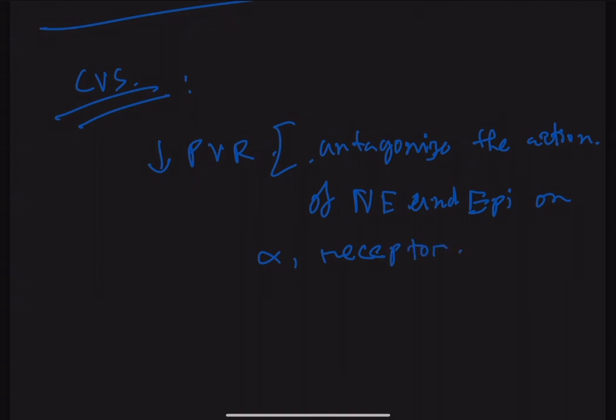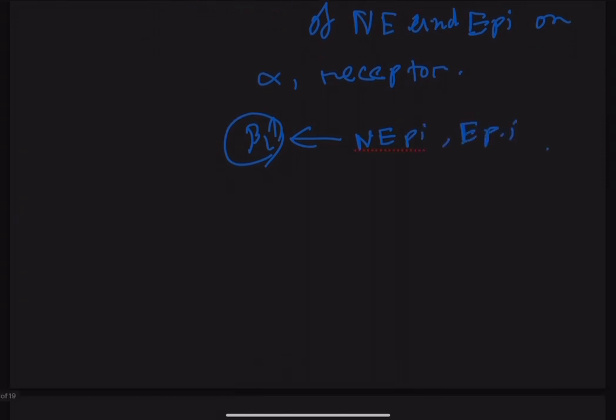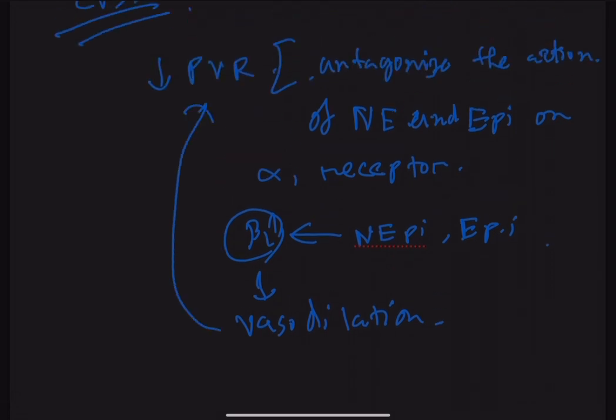Okay, but the beta 2 receptor is empty to bind with the norepinephrine and epinephrine. And when the norepinephrine and epinephrine bind with the beta 2 receptor, this causes vasodilation, right? And it leads to decrease in the peripheral vascular resistance, and this leads to decrease in the blood pressure.